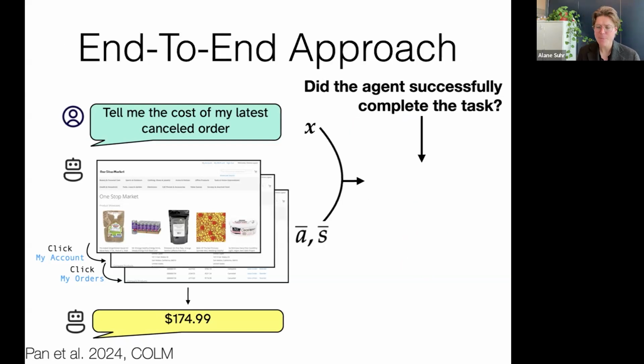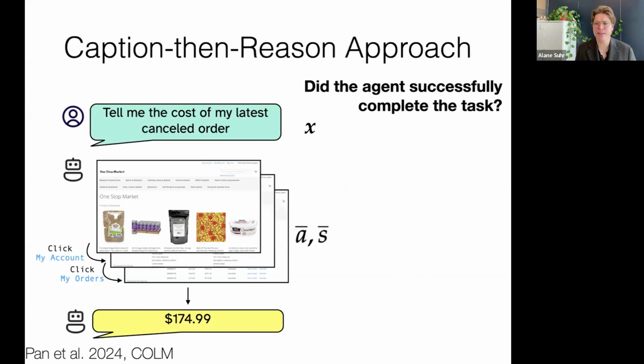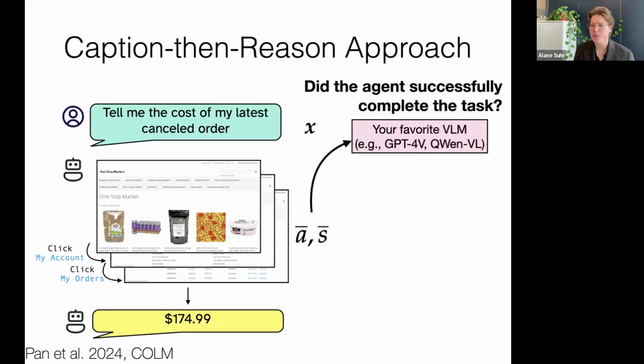But we also evaluate another approach where we decompose this problem of reasoning about what was actually done by the agent during its trajectory and what the intent actually was. So for example, we would first try to caption this trajectory with your favorite VLM without taking the instruction into account.